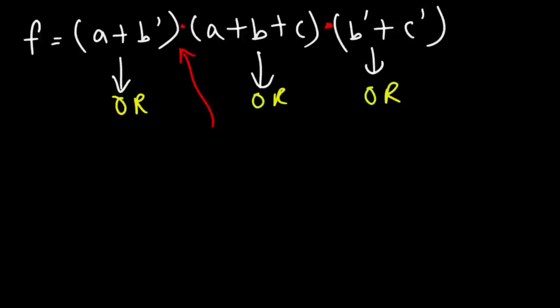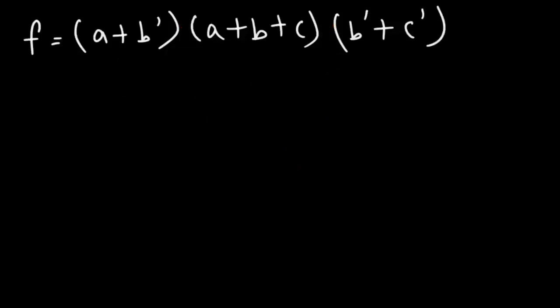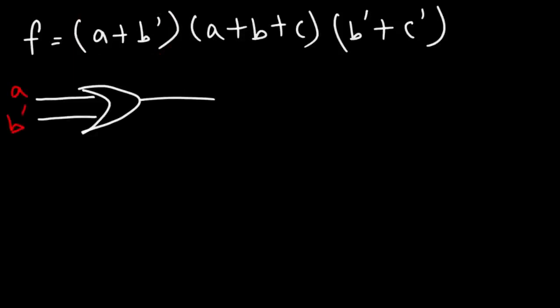So let's go ahead and draw the diagram. So let's start with our first OR gate. This is going to be a 2-input OR gate based on what we see here. So the first input is going to be A, the second one is going to be B prime, and the output of this OR gate will be A plus B prime.